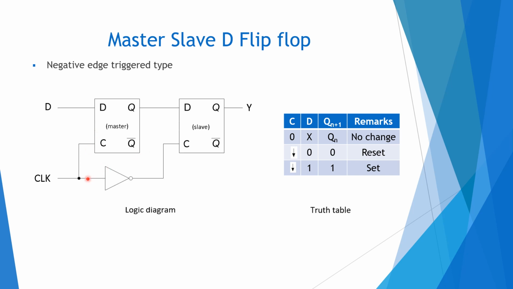But when the clock goes from high to low, this data, whatever stored in the high state of the clock, that bit at the master output is transferred to the output of the slave. That's how it works. And as I told earlier, this same circuit can be applied for the JK flip-flop to make an edge triggered JK flip-flop.